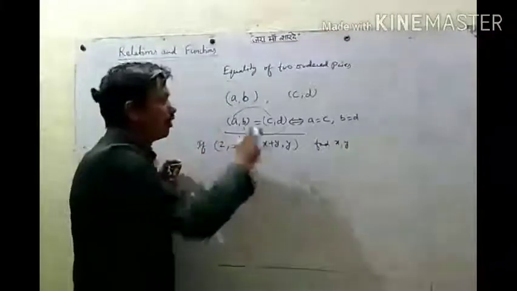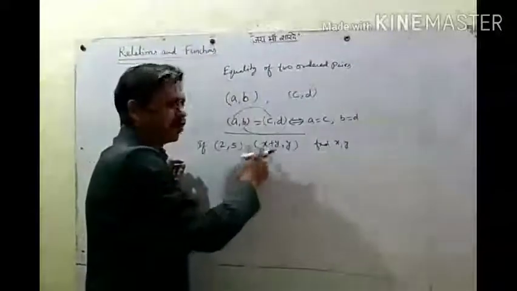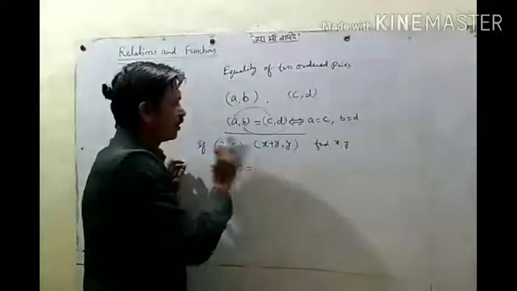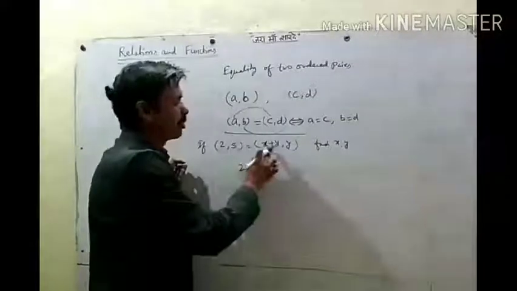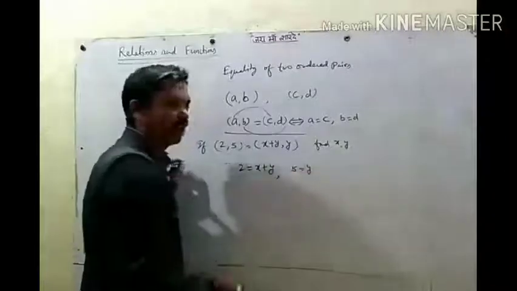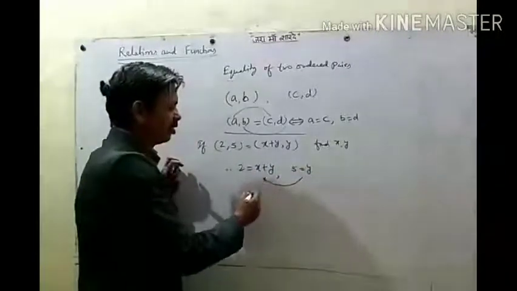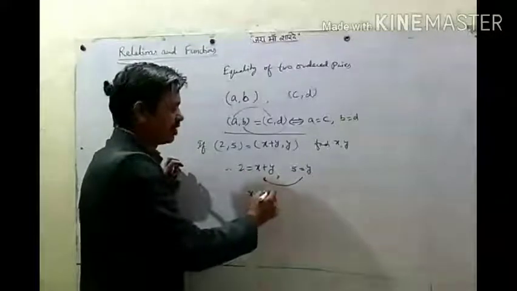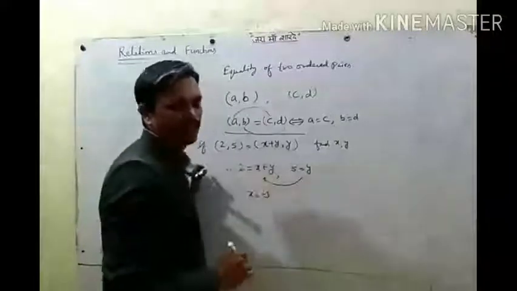By the definition of equality of two ordered pairs, their first elements will be the same, so 2 equals x plus y, and the second elements will be the same, so 5 equals y. So y is 5. When you put this y here, we get x equal to 2 minus 5, which is minus 3. So the values of x and y are minus 3 and 5.